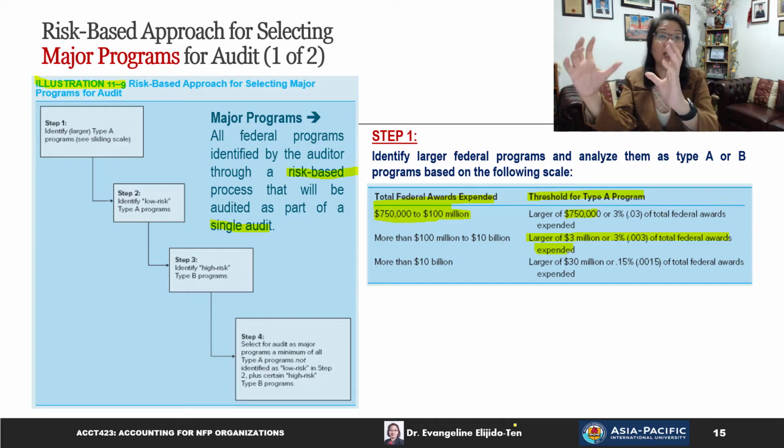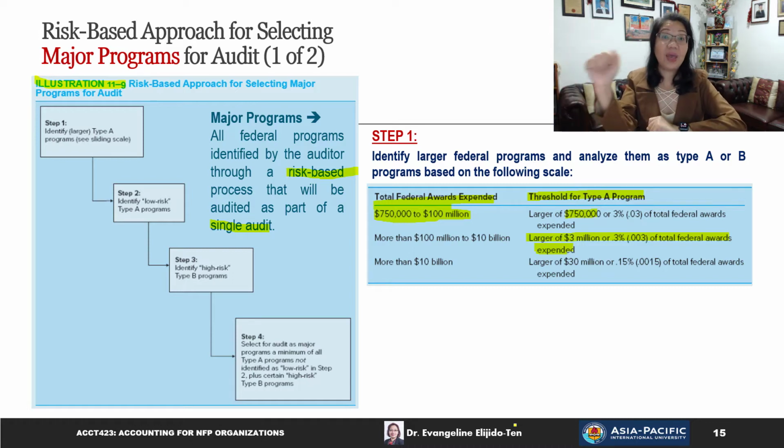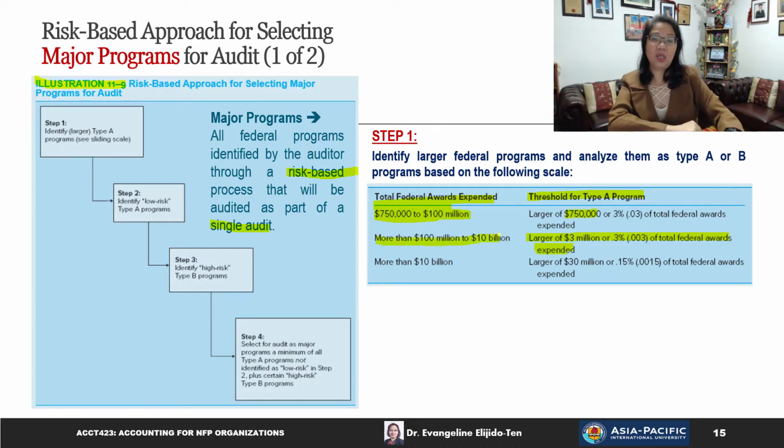A project that has an award of $30 million will be considered a Type A program. All right. So step one is to identify larger federal programs and analyze them as Type A or Type B programs. So if the program did not satisfy the Type A threshold, then they are Type B.